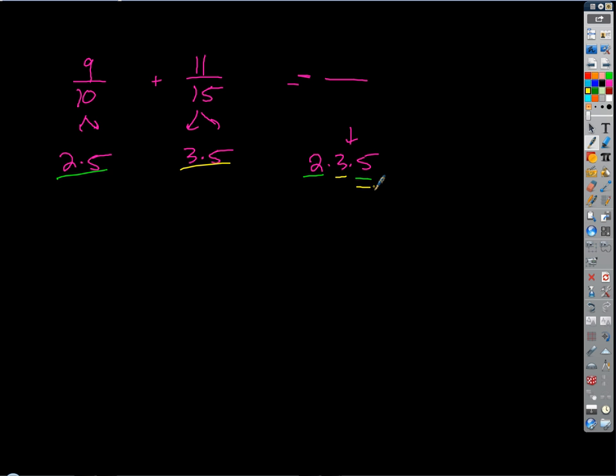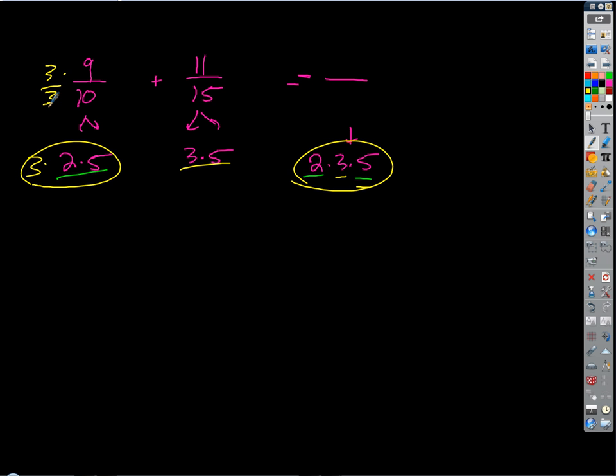Here I've only got a 2 times 5 now. Well, what do I need to multiply by to get 2 times 3 times 5? What am I missing? 3 over 3. Well, see, I need to have that 3 to make it look like that, right? So I'm going to multiply by 3 over 3.